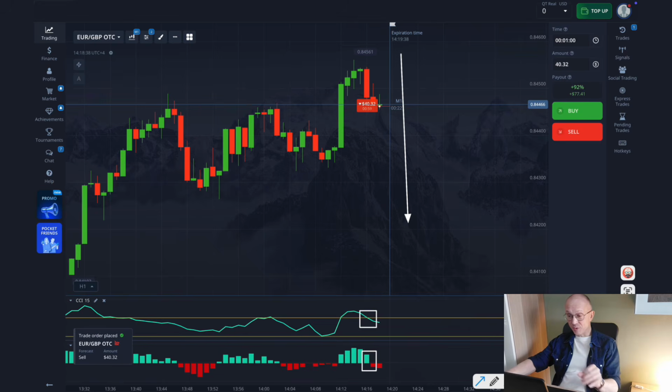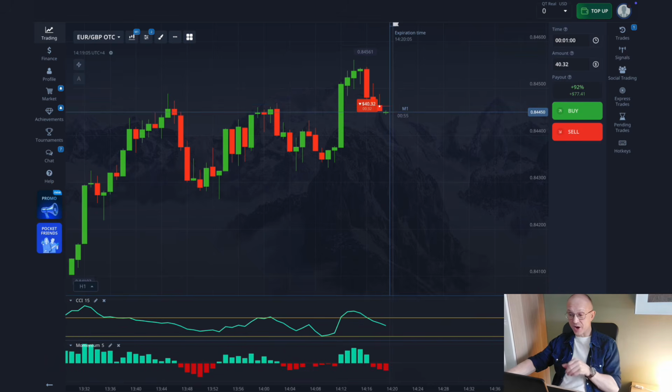A series of pullbacks appears, gradually breaking the previous structure. The price is less and less able to hold its height, and the upward movement loses its meaning. Against this backdrop, sellers are gradually regaining control. Pressure from above is intensifying, the market is calmly turning around and beginning to develop a decline more confidently and consistently. Let's see.